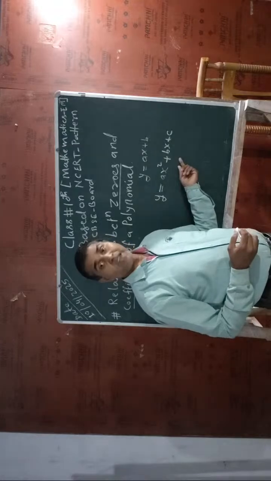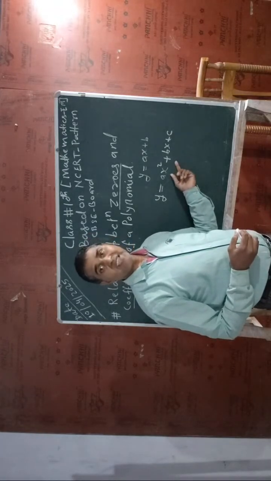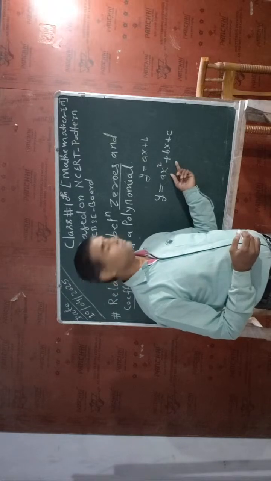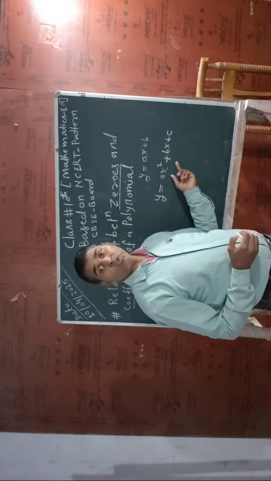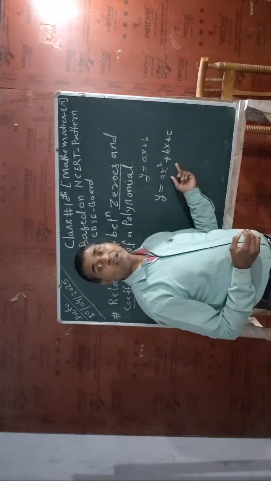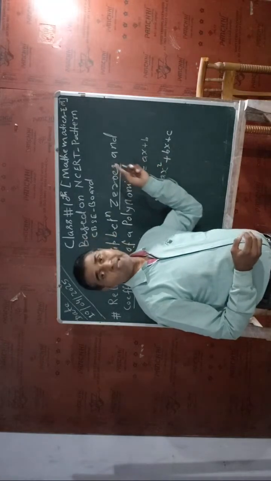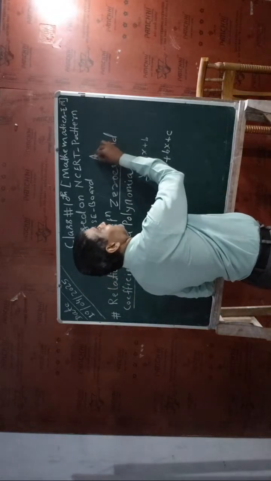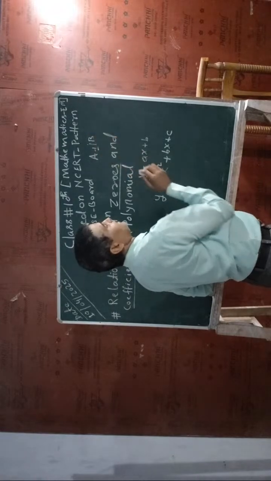If the discriminant is negative, it will not intersect the x-axis at different points. So there will be roots, and both roots will be different and imaginary. It means they come in complex form, a plus ib, a minus ib.